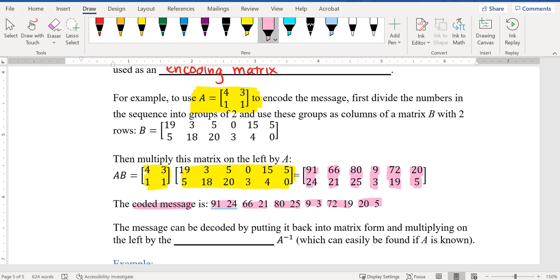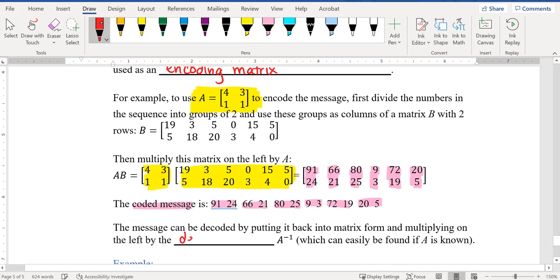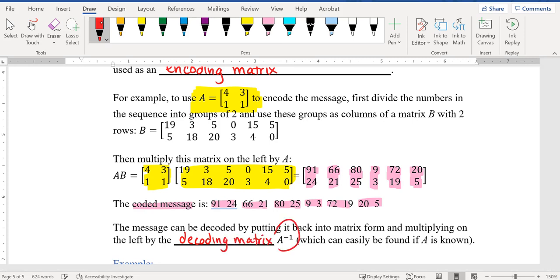That message can be decoded by putting it back into matrix form and multiplying on the left by the decoding matrix, A inverse. So if you know matrix A, you can easily find A inverse and then decode the message.